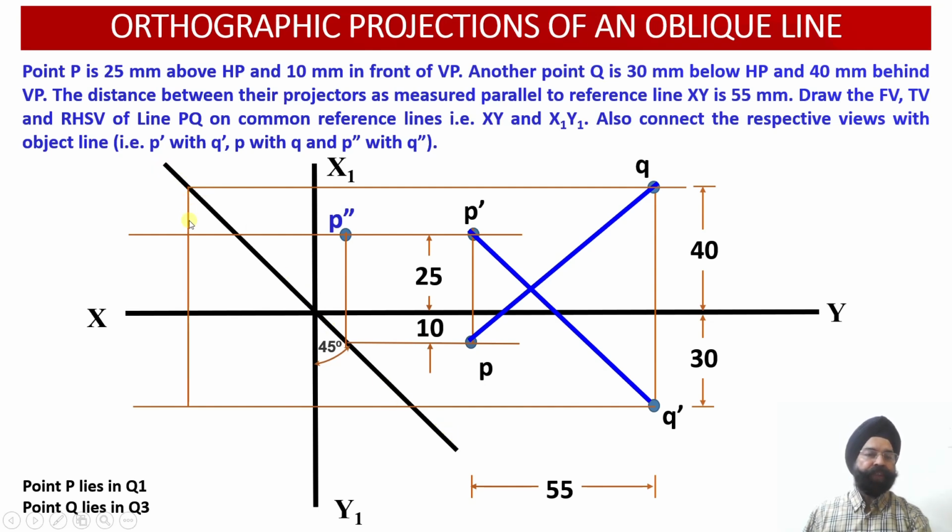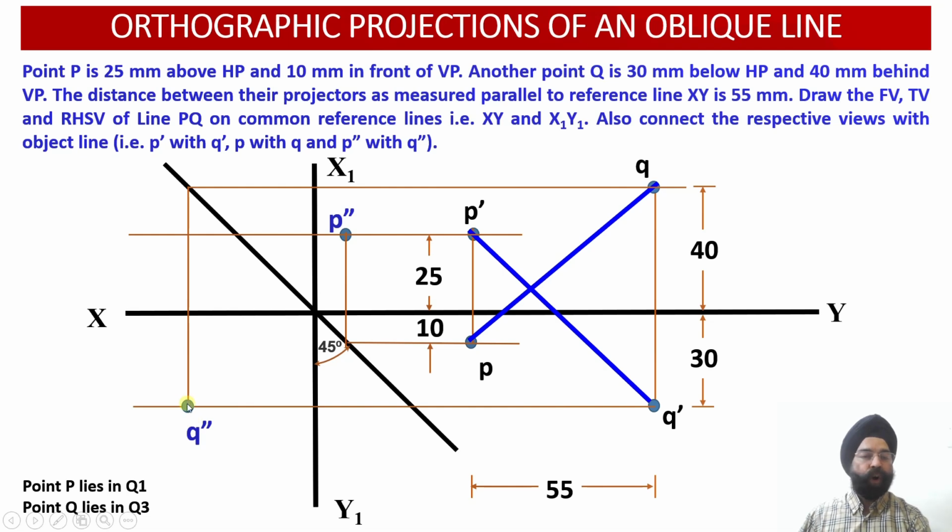A vertical projector line will be drawn through this point Q over here, and extended till it meets the horizontal construction line which has been drawn through the point Q dash in the front view. So this is the horizontal construction line drawn through the point Q dash. So wherever these two construction projector lines intersect, we will be obtaining the point Q double dash over here.